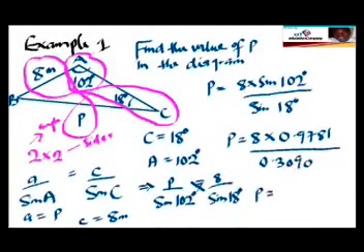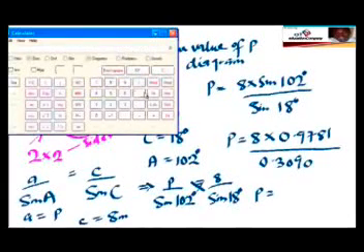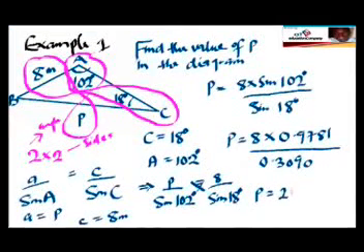At the end of the day, let's see if we add up these two: 8 times 0.9781 divided by 0.3090, and that will be equal to 25.32.